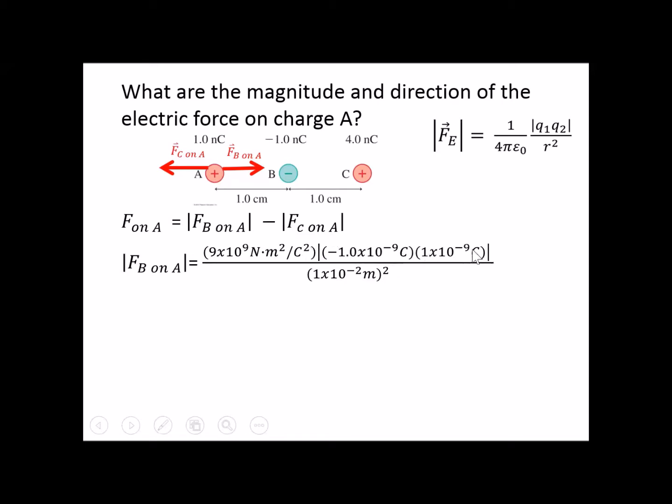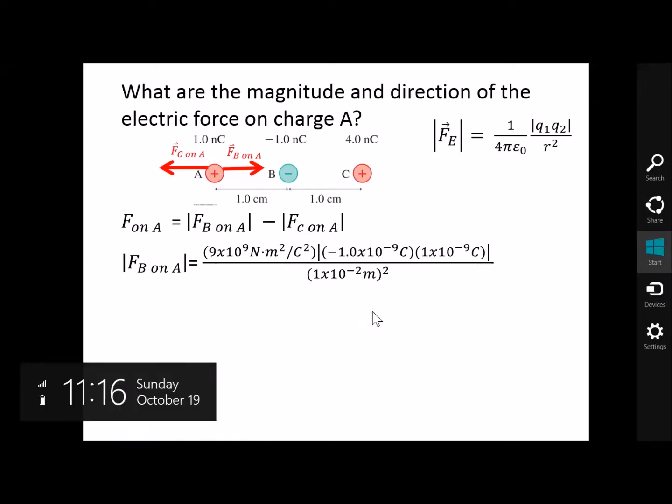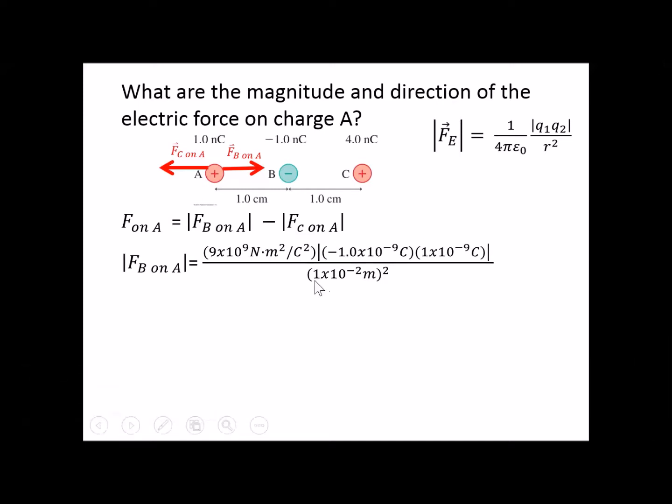The magnitude of those charges together divided by the radius squared, and the radius between the two is 1 centimeter, which is 1 times 10 to the -2 meters, and then squared. When we multiply it out, this negative is going to be eliminated because it is the magnitude. So we end up with just the value, which is 9 times 10 to the -5th newtons.